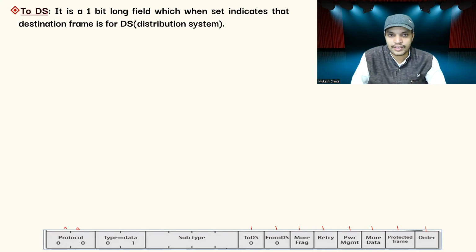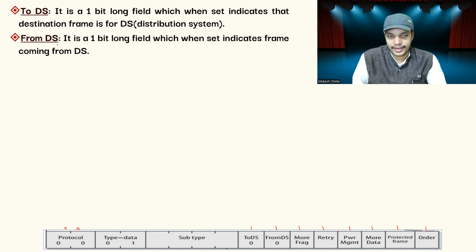First one is To DS. Actually, DS stands for distribution system. We discussed this during our discussion of 802.11 structure or architecture. If it is set to 1, it indicates that the frame is destined for the distribution system. It is going towards the distribution system. The next field is From DS. Both should be self-explanatory.